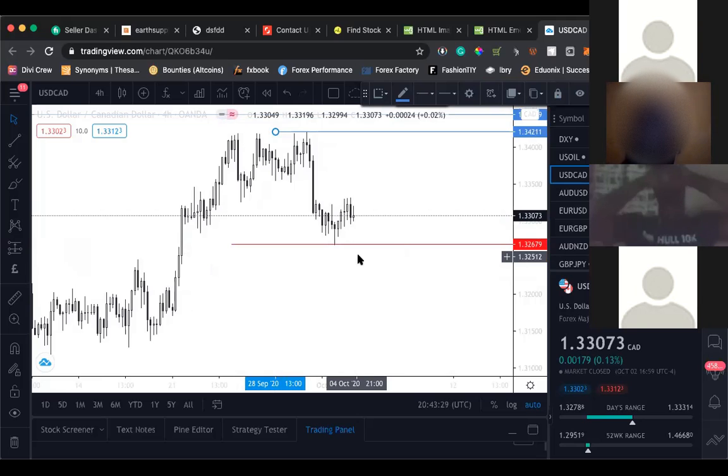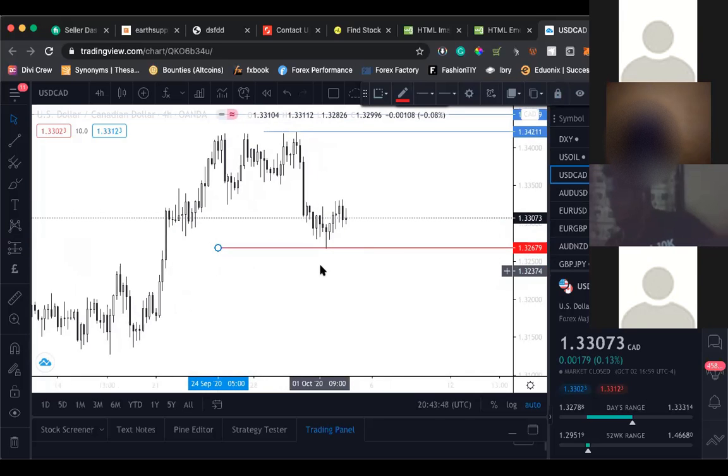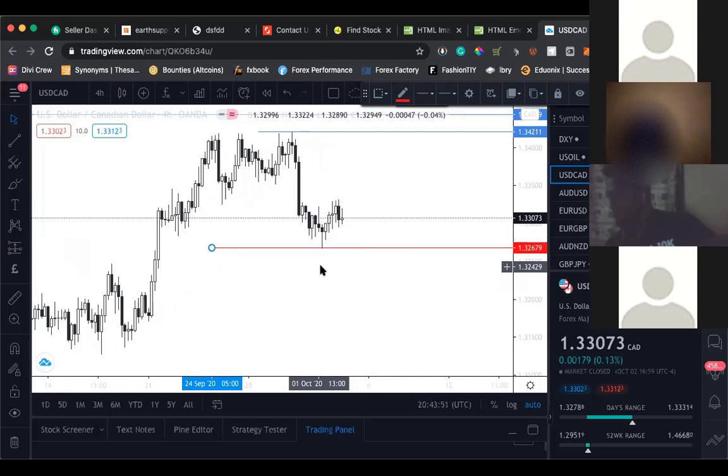So if the market opens by 10 p.m. or 9 p.m., then it decides to go down, once it gets to this red line, the trade will close and I will lose some money. I will lose some money if the trade does not go in my direction.